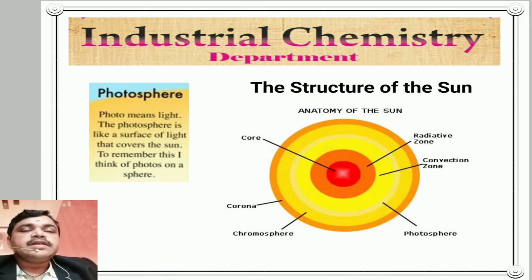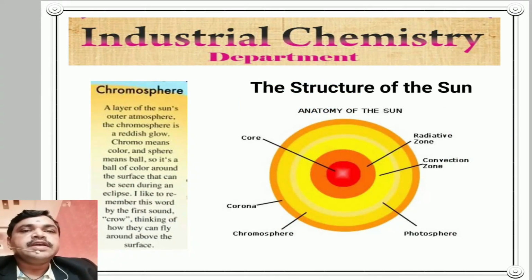After the convective zone, the next layer is known as the photosphere. Photo means light. The photosphere is like a surface of light that covers the Sun. To remember this, I think of photos on a sphere.